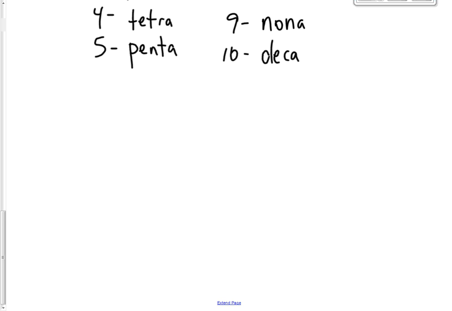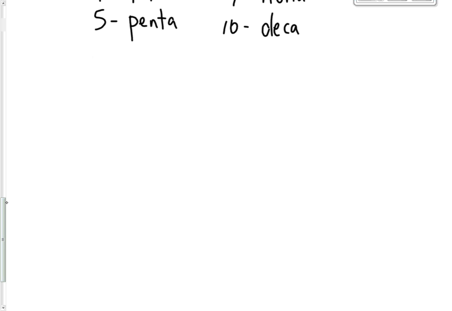We'll do a couple of formulas to names first. C2H3. First thing you got to do, well, C is carbon. And then we've got 2 of them. That's what these subscripts mean. How many atoms of each element do you have?